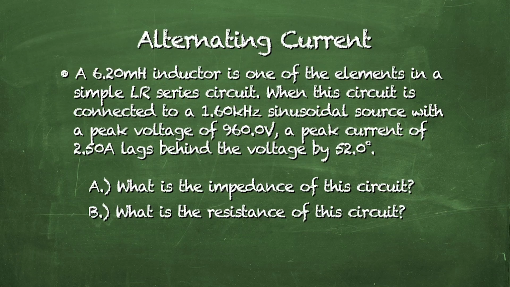What is the impedance of this circuit? What is the resistance of this circuit? So from the maximum current and the maximum voltage that you're given, you can figure out the impedance of the circuit. And from the impedance of the circuit and the frequency and the inductance of the inductor, you can figure out the resistance of this circuit. Go ahead and try that, please.